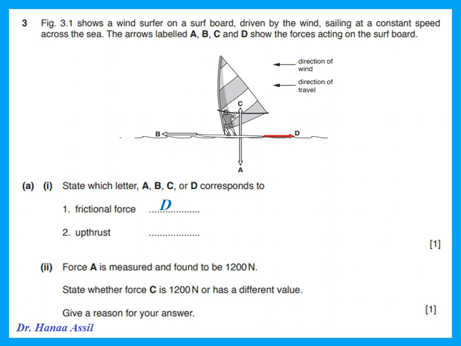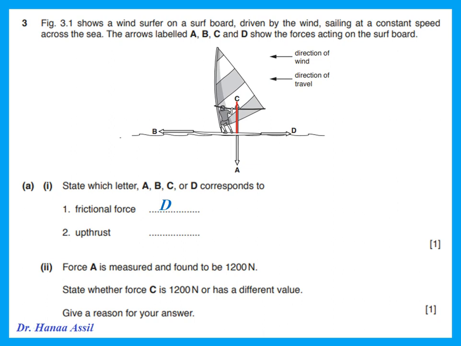What about upthrust? Upthrust is the force from the water that is pushing the board up. So C is the upthrust. Force A is measured and found to be 1200 Newton. State whether C is 1200 Newton or has a different value.